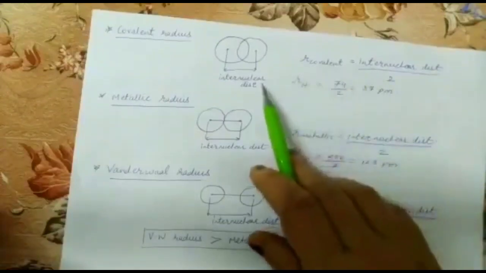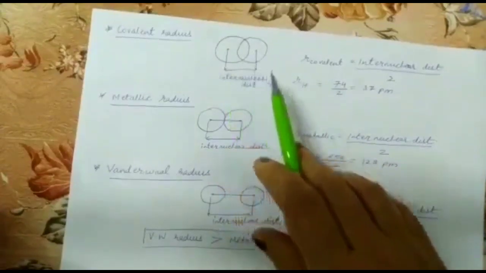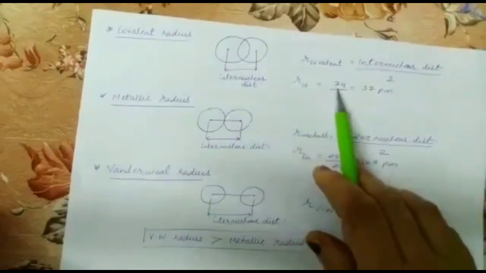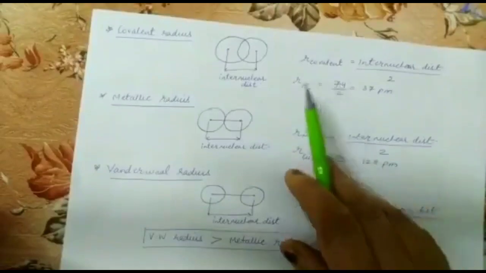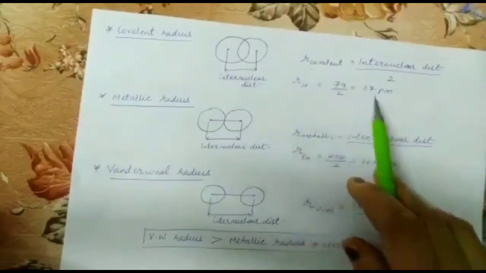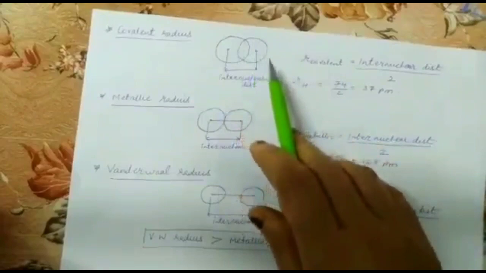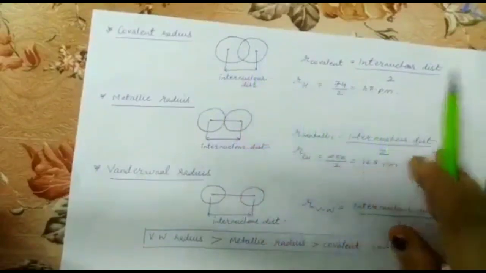So 1/2 of this internuclear distance will give you the measure of covalent radius. Suppose this is a hydrogen molecule. In this case the internuclear distance is 74 picometer. So what is the radius of the hydrogen atom, or what is the atomic size of the hydrogen atom? It is 37 picometer. Although it is not the exact value, this technique will give us an approximate idea.